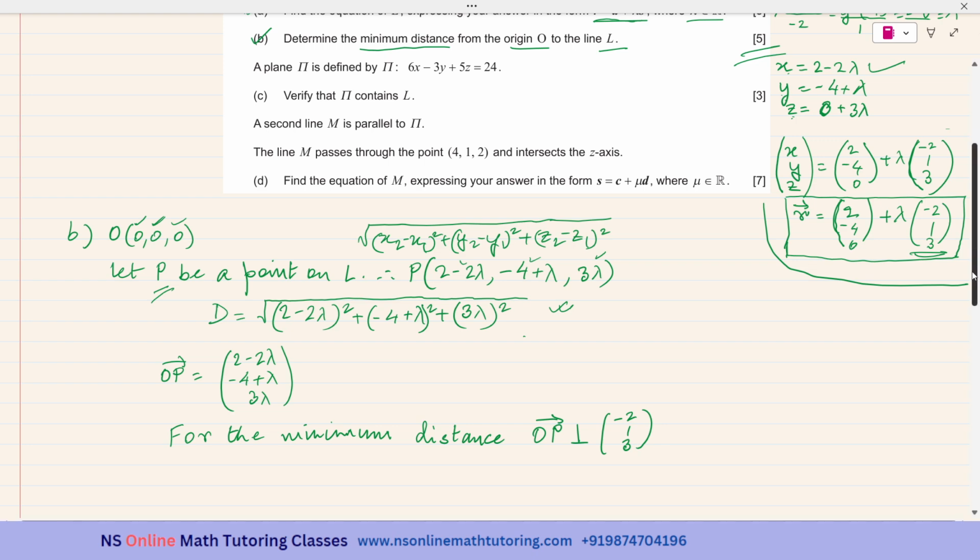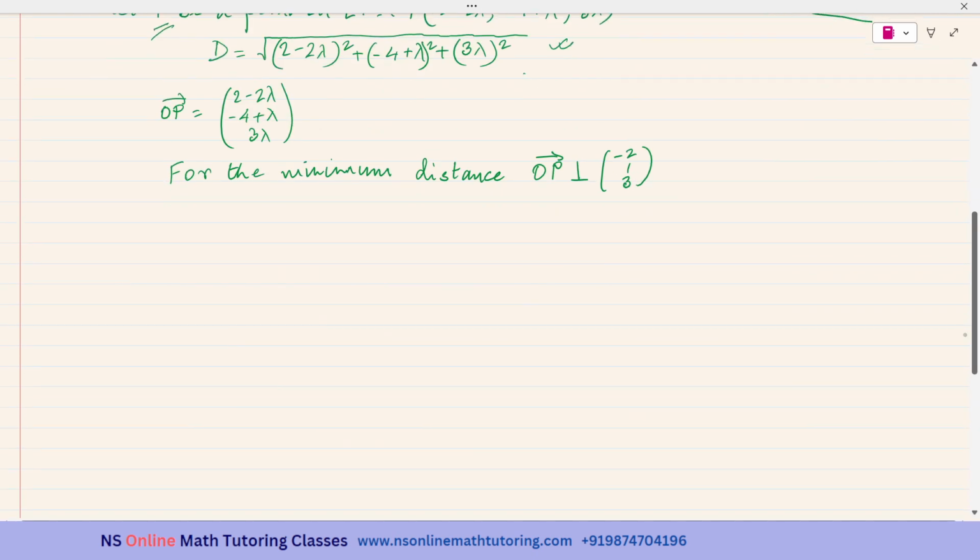Okay. So therefore, OP vector, or let me just write the vector representation. It is 2 minus 2 lambda and minus 4 plus lambda and 3 lambda. The dot product of these two vectors has to be 0.